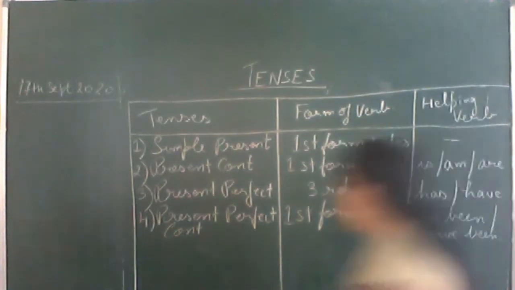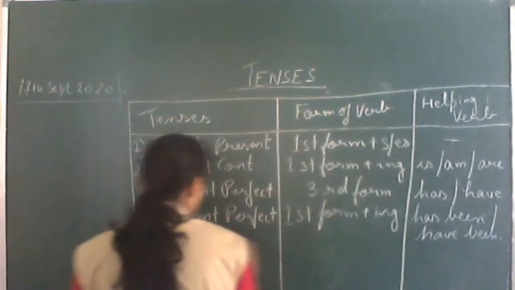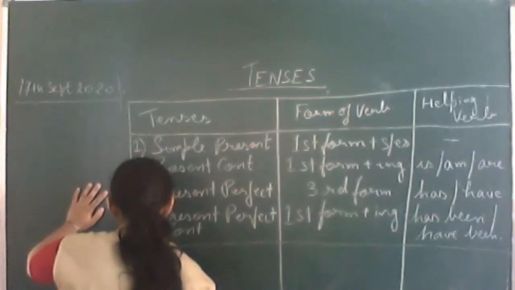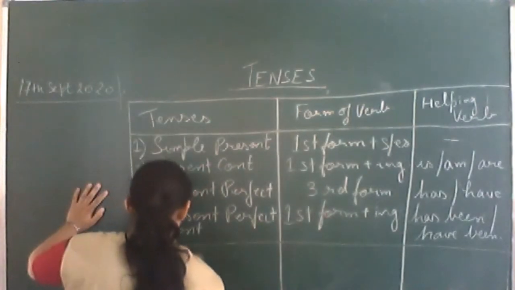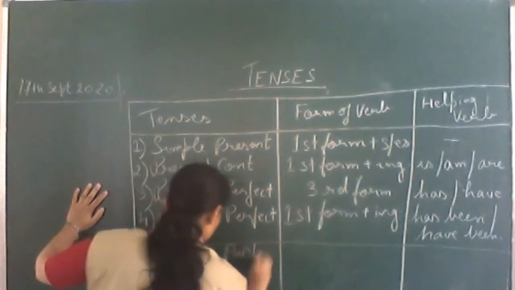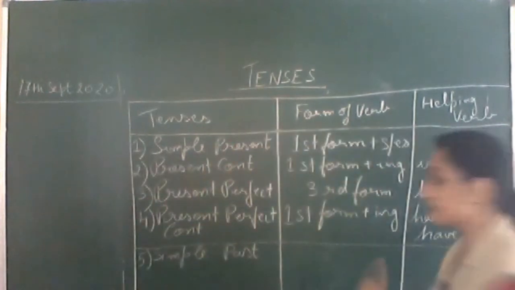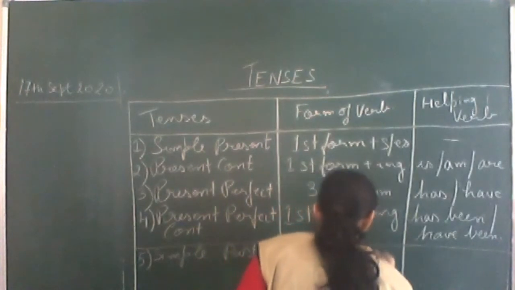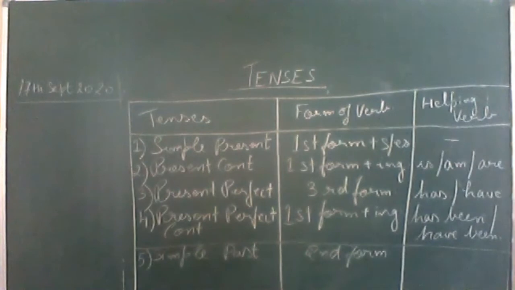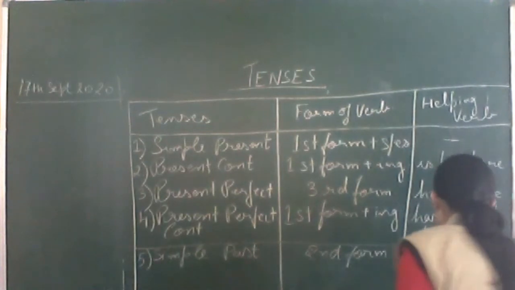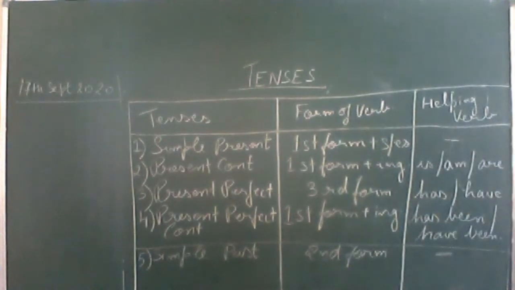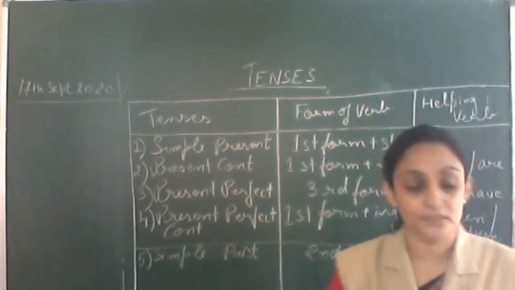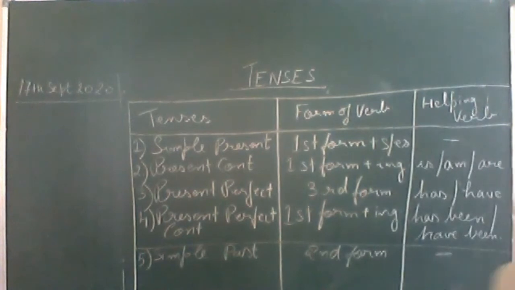Next, we come to simple past. In simple past, we use the second form, and no helping verb is used here. No helping verb is used in simple present and simple past.